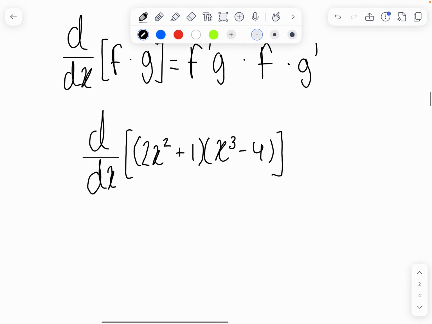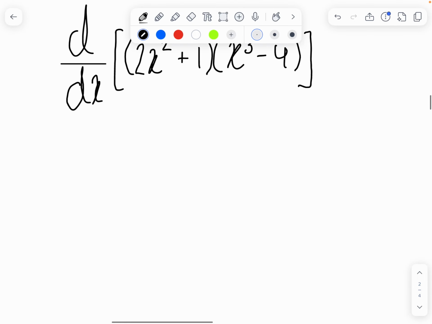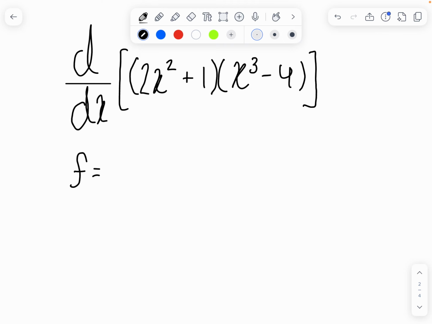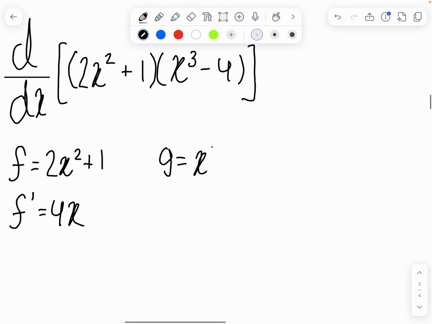Okay, hopefully you've paused the video. Now let's identify what f, f prime, g, and g prime are. f equals 2x squared plus 1, so f prime is going to be 4x. g is going to be x cubed minus 4, and g prime is going to be 3x squared.